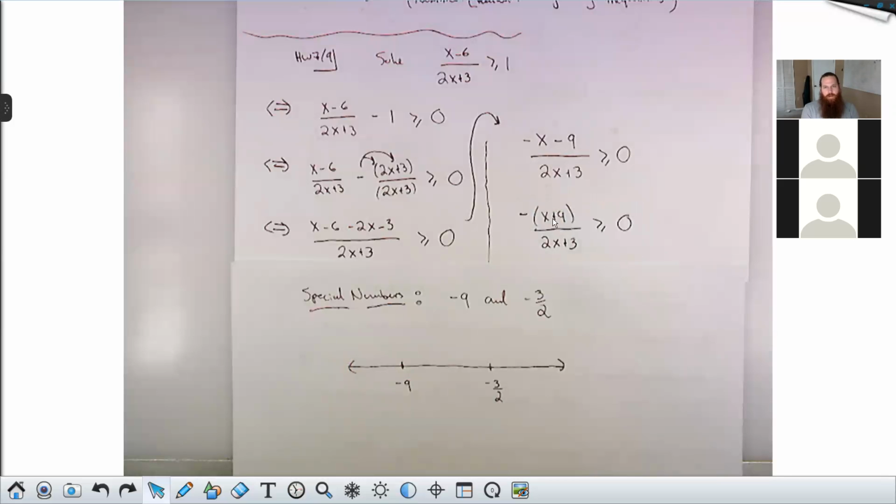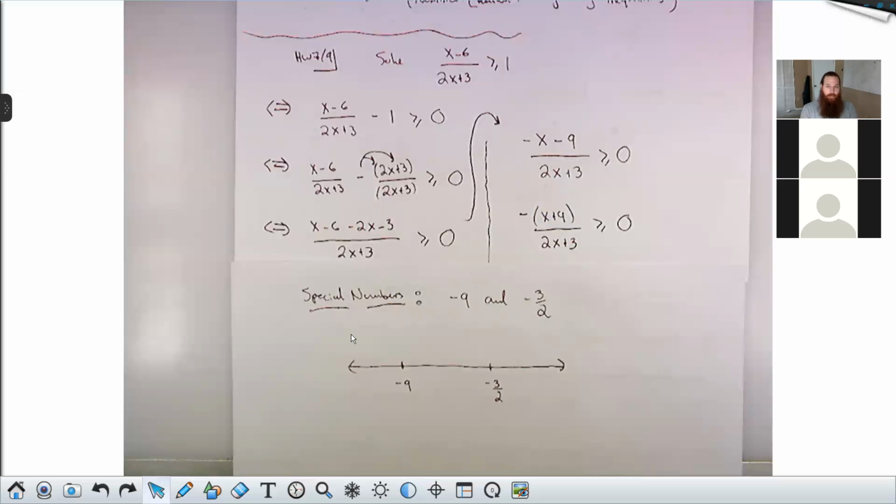Upstairs, I'd have -10 plus 9, which is -1. The negative of -1 is +1, so the numerator would be +1. And then downstairs, I would have -10 times 2 plus 3, which is -17. So I'd have +1 over -17, which is negative.